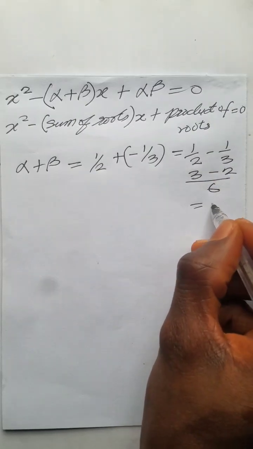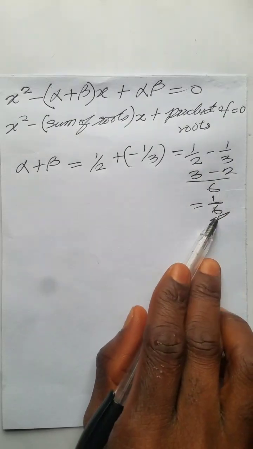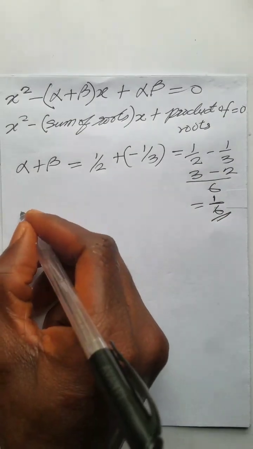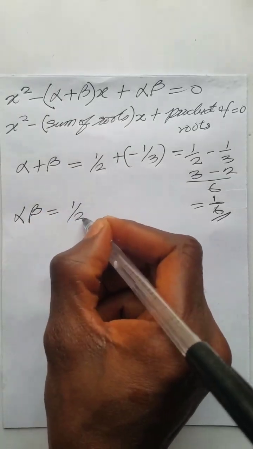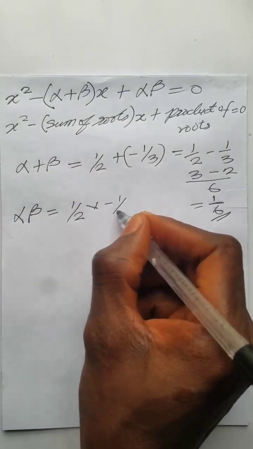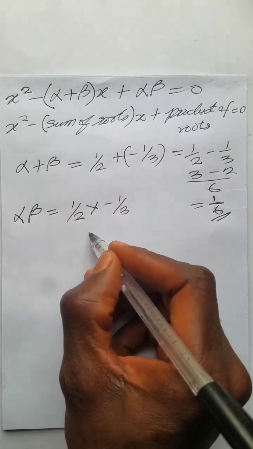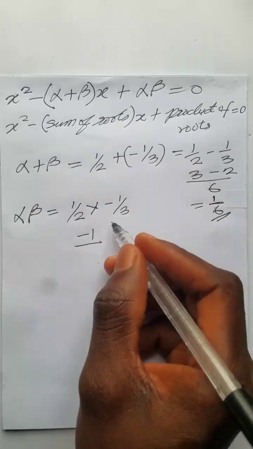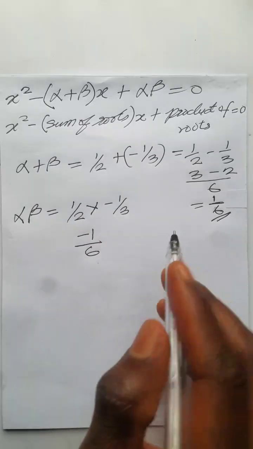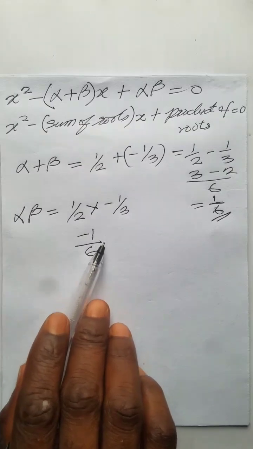So the answer becomes 1 over 6. 3 minus 2, 1 over 6. Now let's look at the product of roots. Alpha times beta. That will be 1 over 2 times minus 1 over 3. Right? 1 times 1 is 1. Plus times minus is minus. 2 times 3 is 6. So we have our sum of roots as 1 over 6 and product of roots as minus 1 over 6.